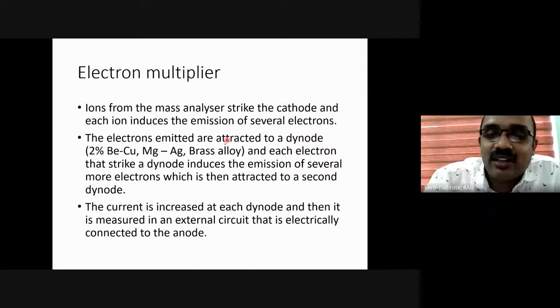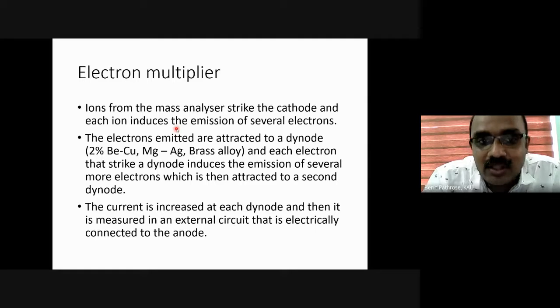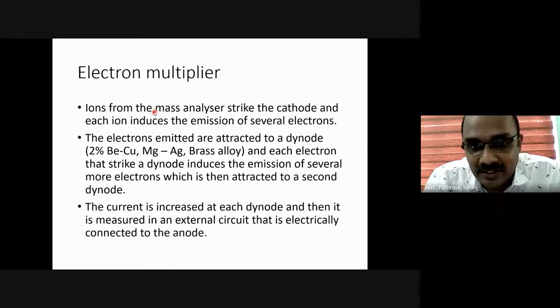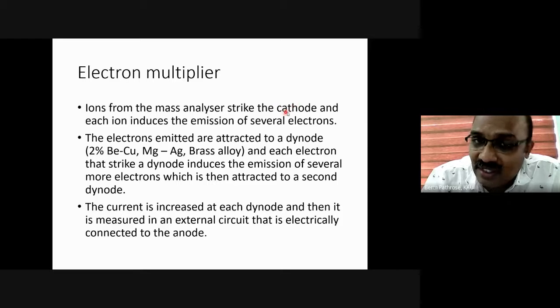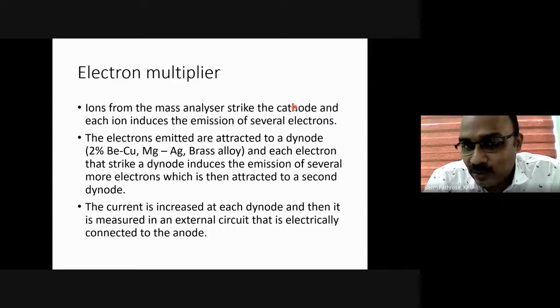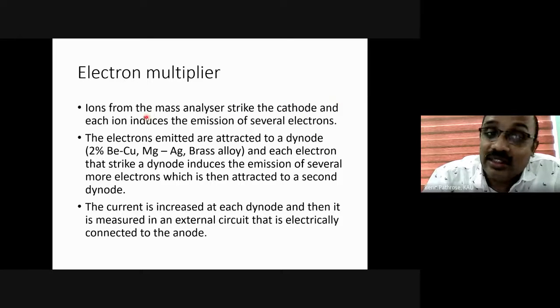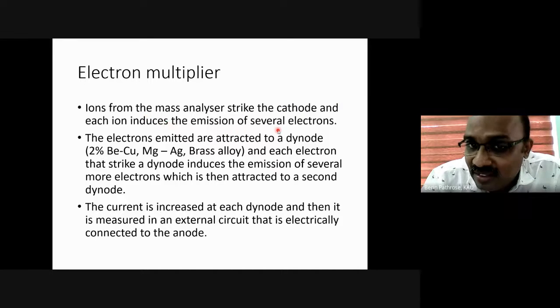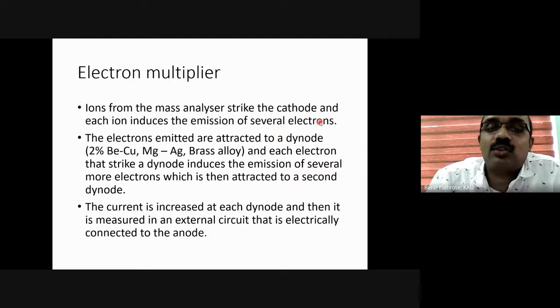These positively charged ions will strike the cathode, which is negatively charged. Once it strikes the cathode, it emits an electron, and this emitted electron will be attracted to a diode.